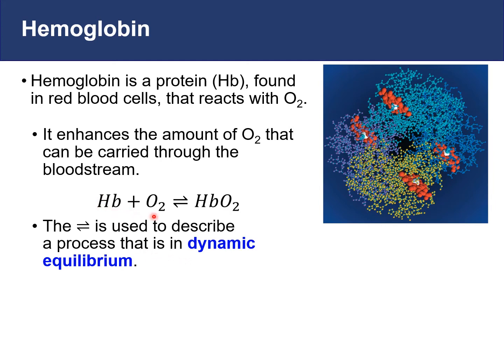So in our lungs, after a certain point, the concentrations of the unbound hemoglobin, oxygen, and the bound hemoglobin with oxygen reach a point at which they no longer change.